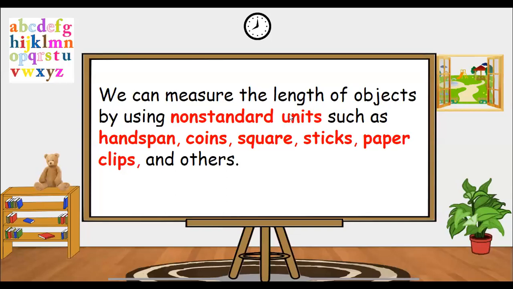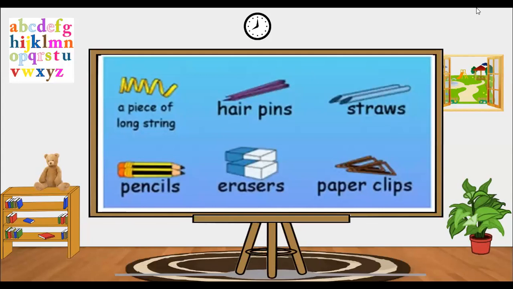Okay. So we can measure the length of objects by using non-standard units such as handspan, coins, squares, sticks, paper clips, and others. Okay, so here are the things. A piece of a long string. If you have a ribbon, you can use that. So another for the girls, we have hairpins and straws, pencils, erasers, and paper clips.